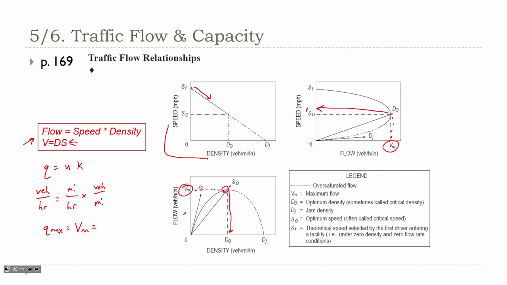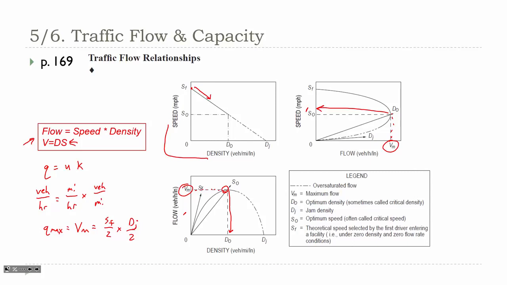D naught, which is DJ divided by 2, so it occurs at half of the free flow speed times half of the jam density. So the free flow speed times the jam density divided by 4.